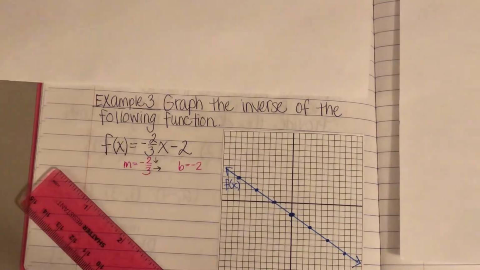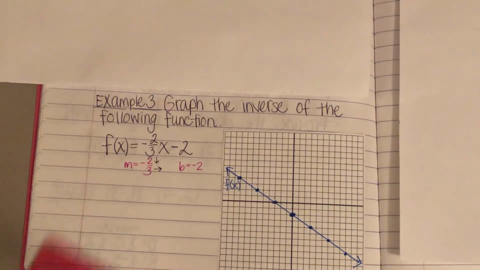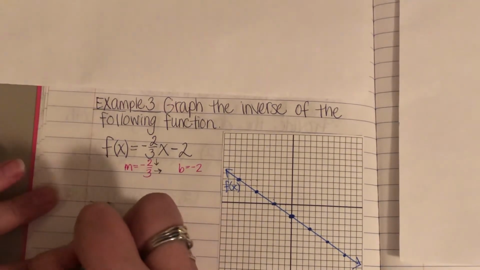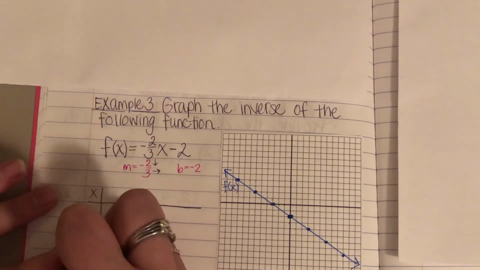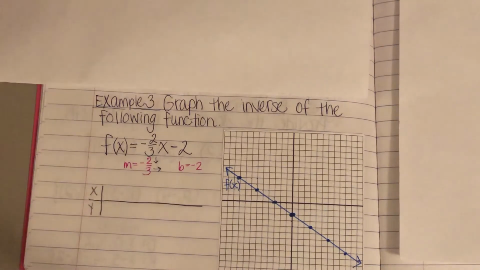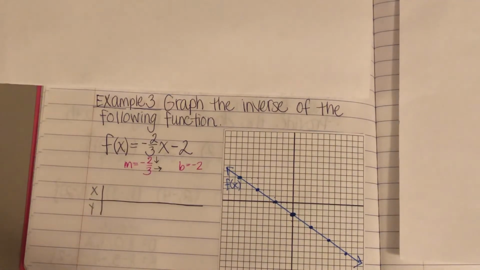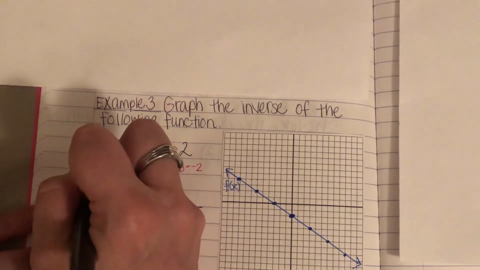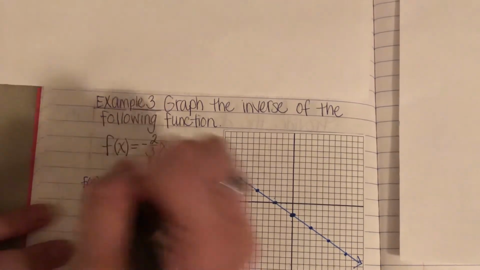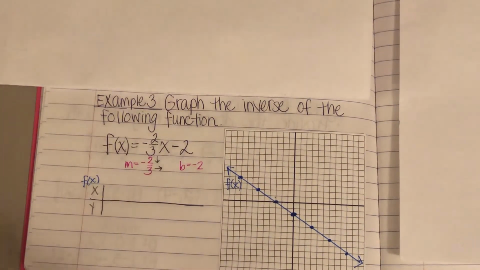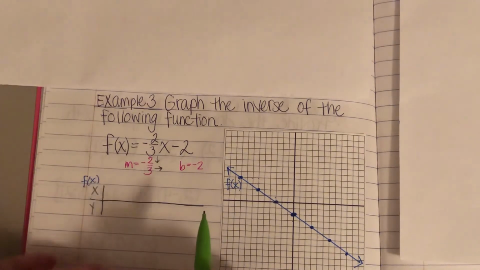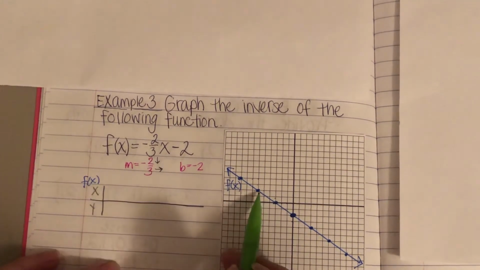All right. Now I'm going to go ahead and make a table because that other stuff was really easy. When I saw a table of x and y, that was super duper easy to create my inverse. So here is my f of x table. I'll put the f of x up here. And I'm just going to do my ordered pairs that I see. I'm going to start right here.